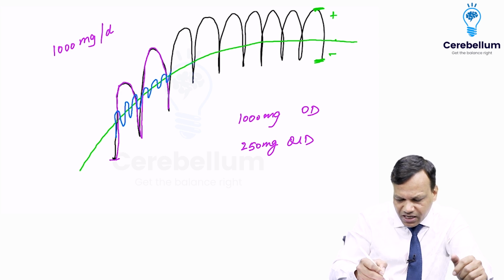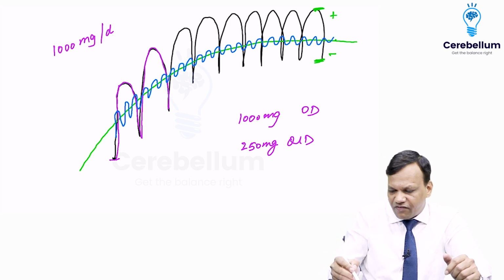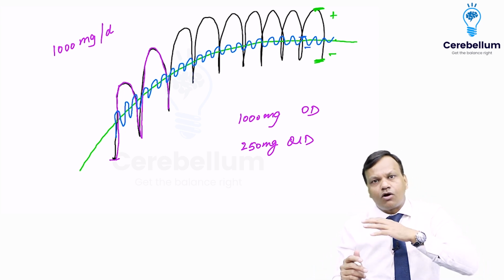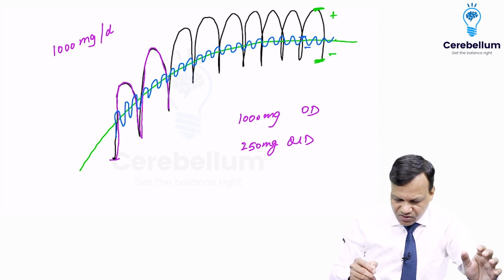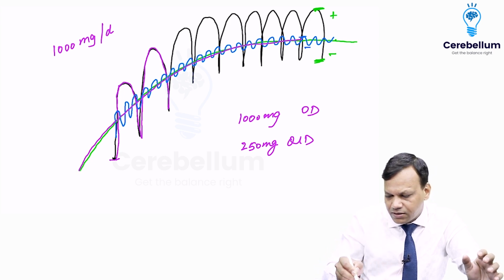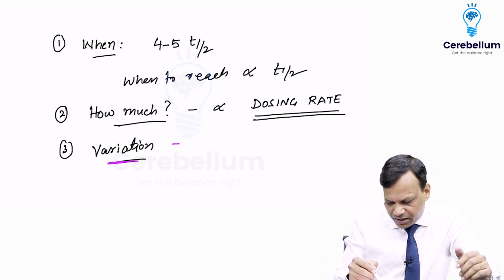If we are giving more frequently, the average line will remain the same, but the variation between peak and trough will decrease. And if we are giving continuous IV infusion, the drug is continuously going into the body, then this will be a single line as we have drawn here.